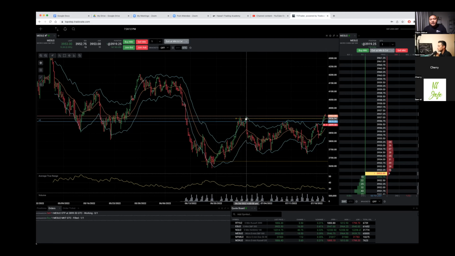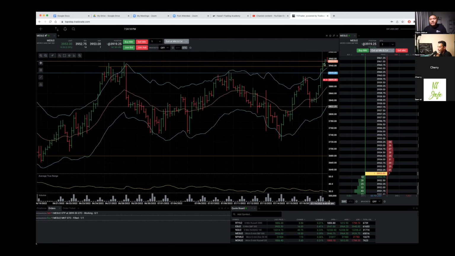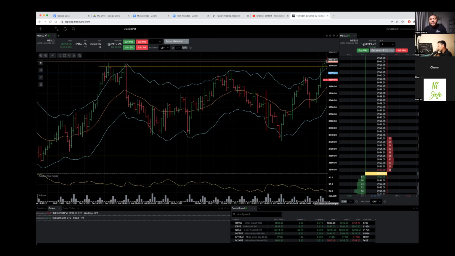You know what I mean? We had a previous high at 36.37, and a nice strong close today on it. For me, that's an indication of a breakout with a continuation. Yes, I could see price will probably come back down and retest maybe this level of 39.37.